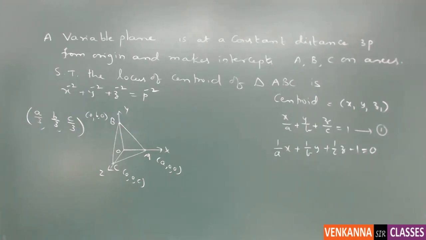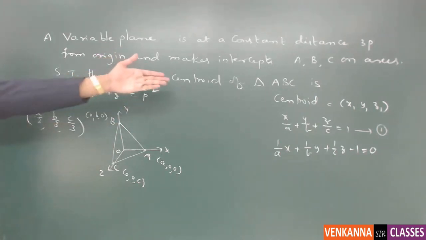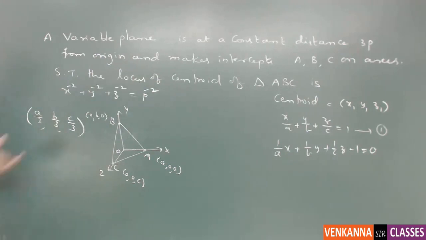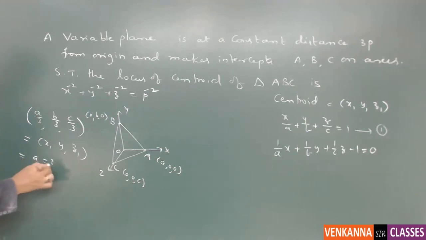Initially, we have taken the centroid as x1, y1, z1. So if you equate these values, this gives that a is equal to 3x1, b is equal to 3y1 and c is equal to 3z1.